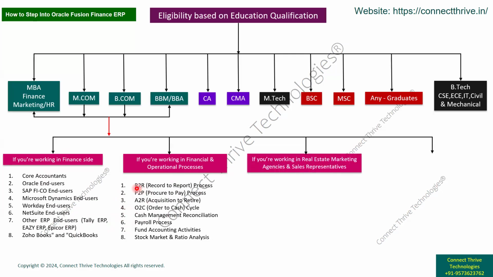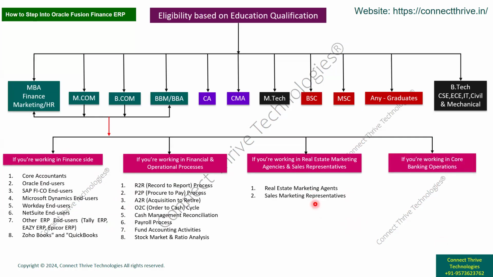So the next one: if you are working in marketing, real estate, or as a sales representative, doing real estate marketing or some sales activities, you are also eligible. And if you are working in core banking operations like debit card sales, credit card sales, opening personal loans and business loans, these employees can also opt in for this course.